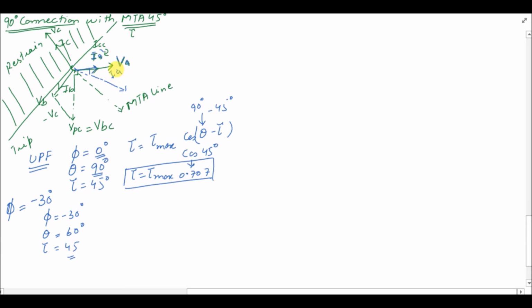The angle between IA and VA now in this case is minus 30 degree, and the angle between IA and VPC is 60 degree. So this angle is 60 degree. Again, tau is equal to tau max cos 60 minus 45 degree. So this will give you the value of 0.967 times the maximum torque.